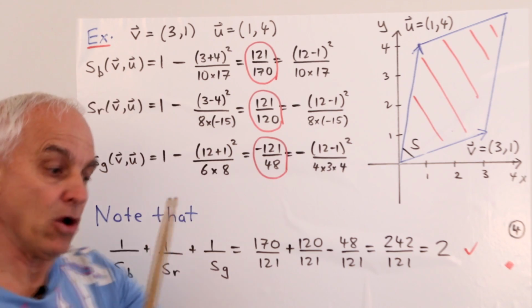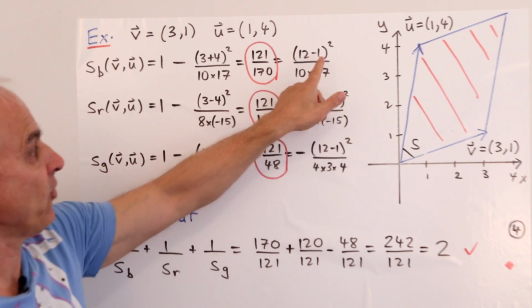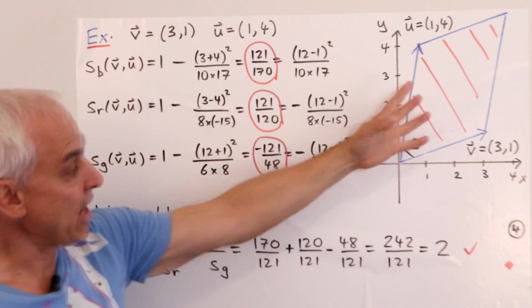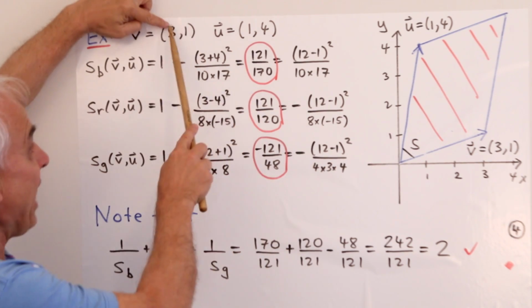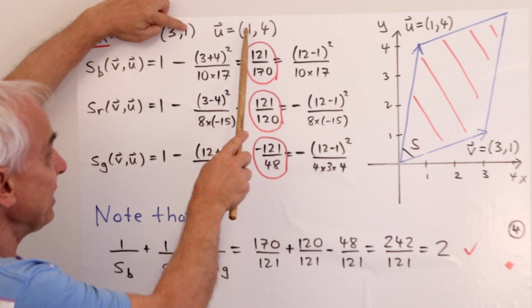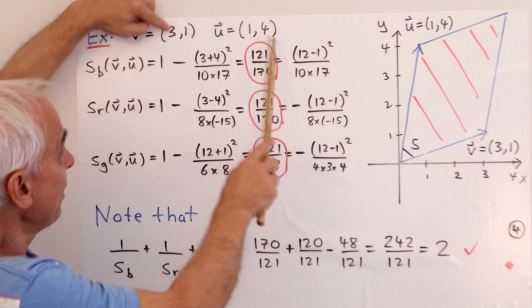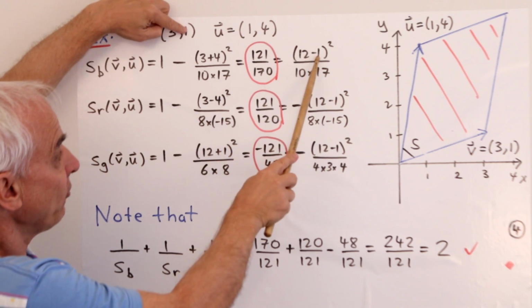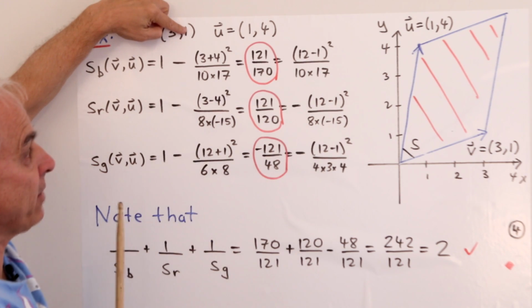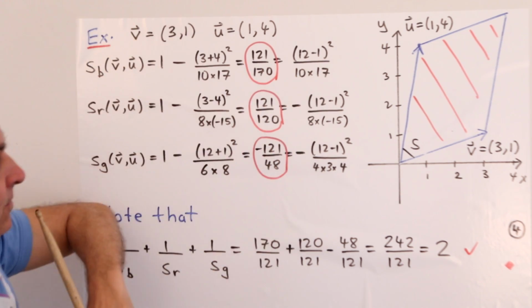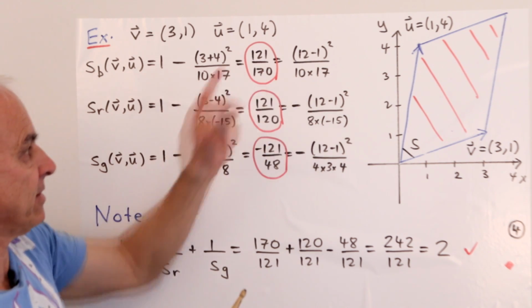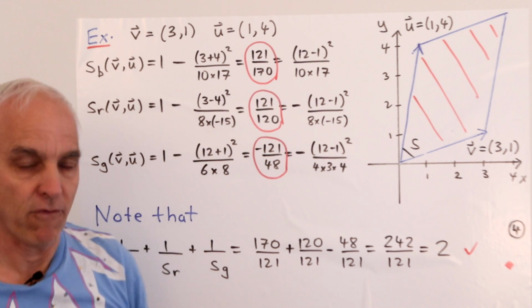And now we can check the alternate formula for that, in terms of the signed area, which is a determinant. It's like an AD minus BC. There it is there: 3 times 4 minus 1 times 1, in the numerator squared, divided by that same product of quadrances, 10 times 17. And you can check that yes, that does equal 121 over 170.